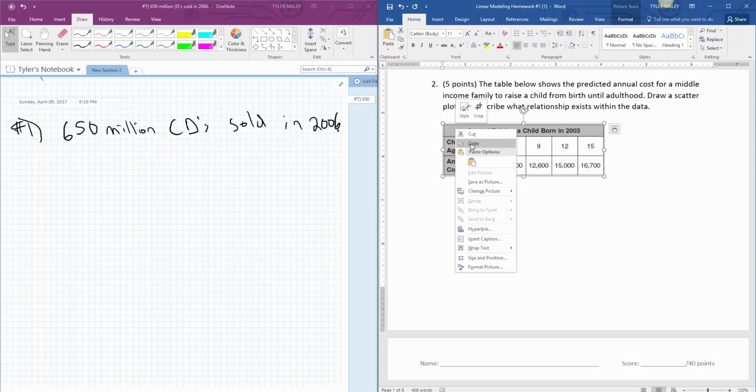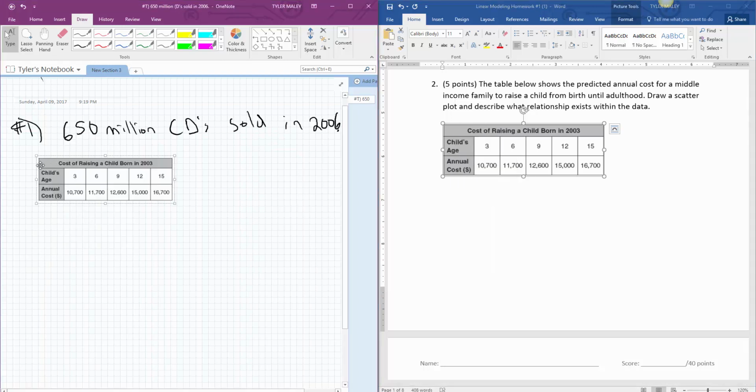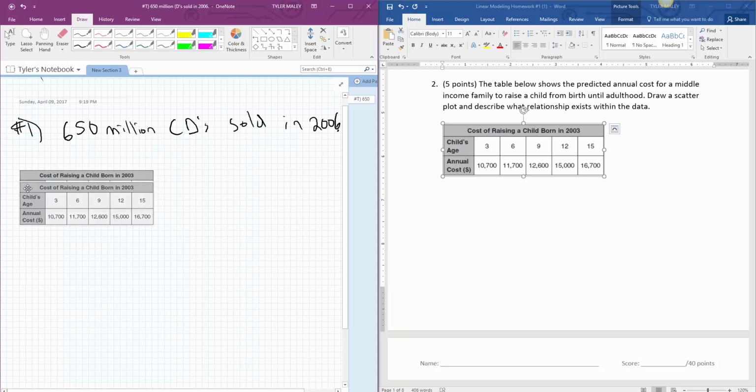I'm just going to copy the table here on the left, so that way I can reference it. So this is for number 2. And then we also want to talk about the relationship.